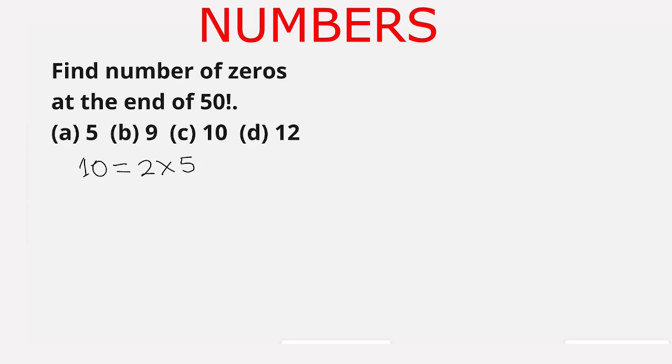Therefore, we will only find the power of 5 in 50 factorial, and we can find it by successively dividing 50 by 5. 5 divides 50 for 10 times. Again 5 divides 10 for 2 times. So the power of 5 is 10 plus 2, which is 12.